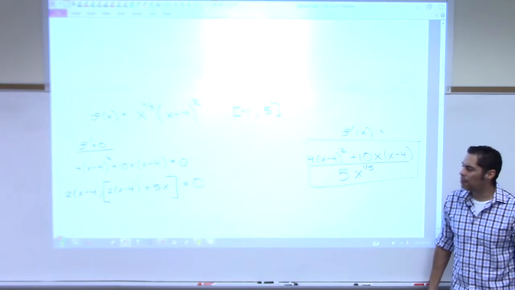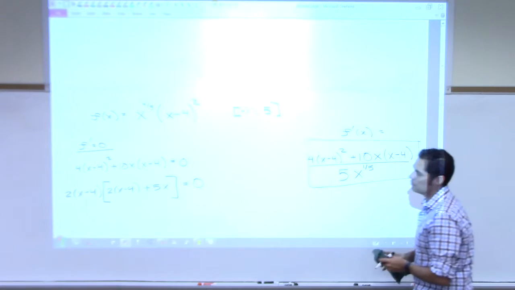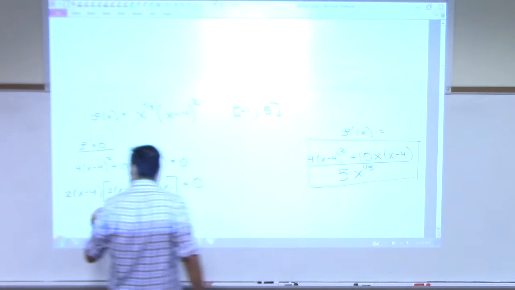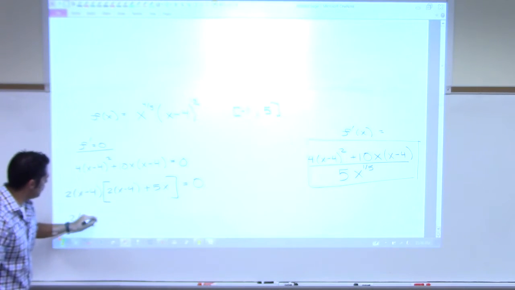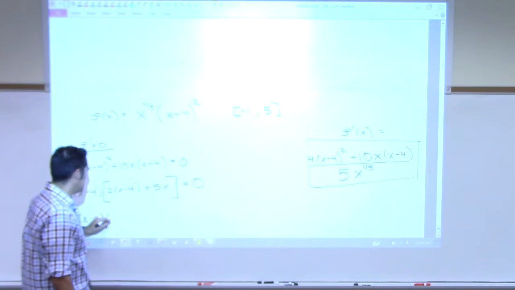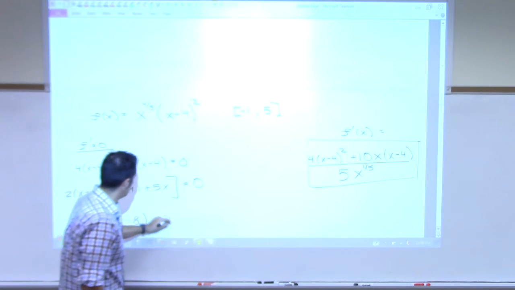Now inside that bracket, what does that turn into? 7x minus 8. So you get 2 times x minus 4, and then 7x minus 8 equals 0.